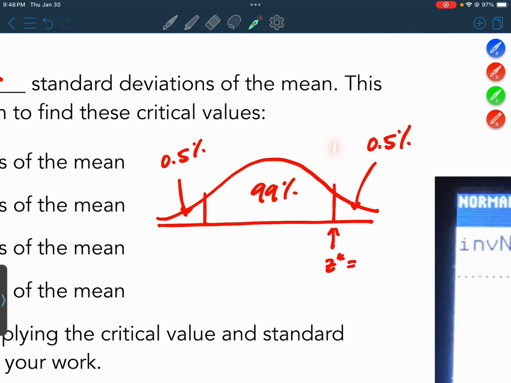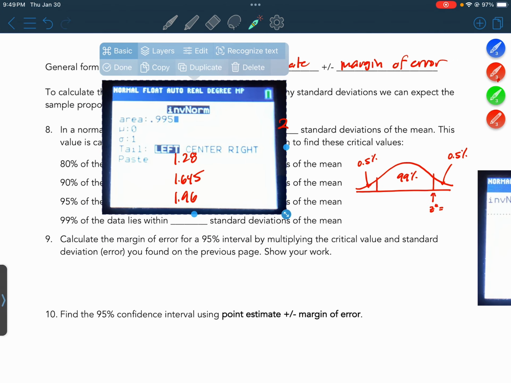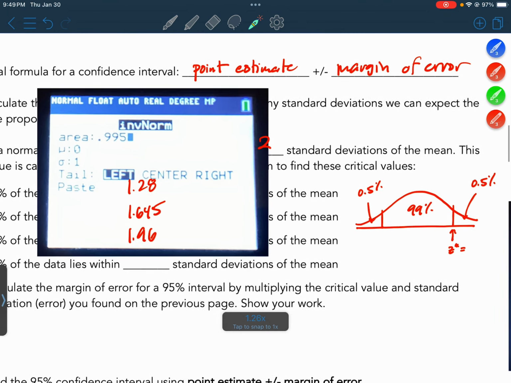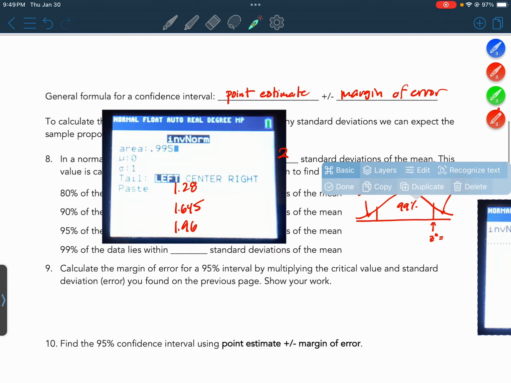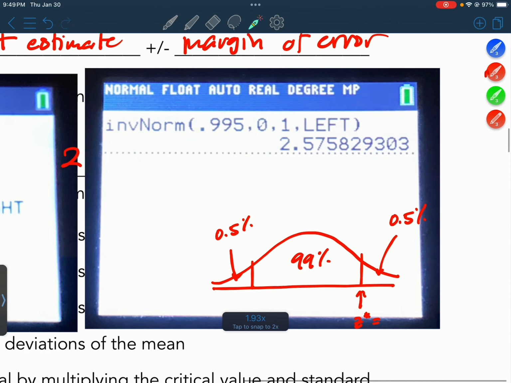Our boundary value has 99.5% to its left. So set up your calculator. The area is 99.5%, and the critical value is going to be 2.576.